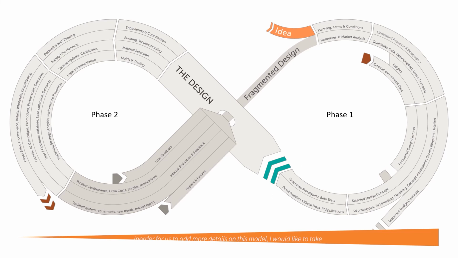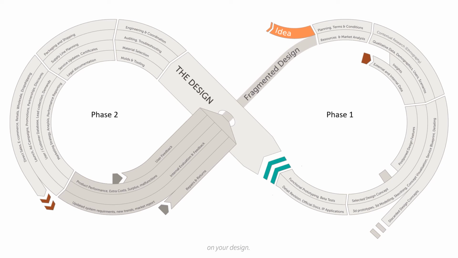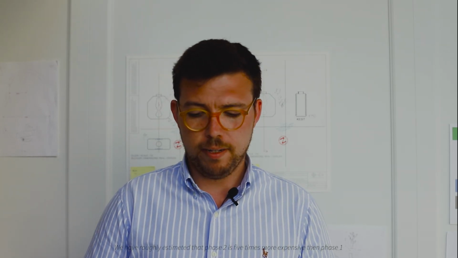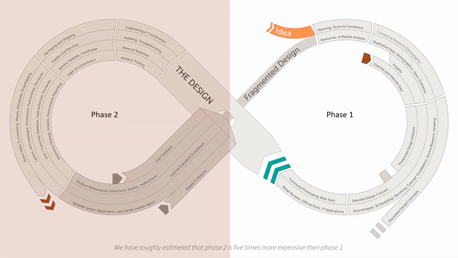And in order to add more details on this model, I would like to take a couple more minutes. The control that you can achieve over your design is far higher in phase 1 than phase 2. Once you pass the design refinements and get it approved by your clients, once you go over the bridge, the design bridge, the 5th part, you will have less control over your design. Many third parties, many people will be involved in your design, and it will be hard for you to maneuver. We roughly estimated that phase 2 is 5 times more expensive than phase 1.